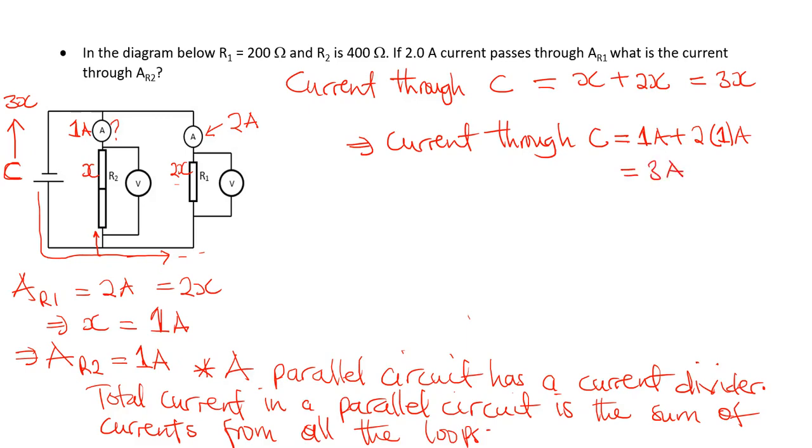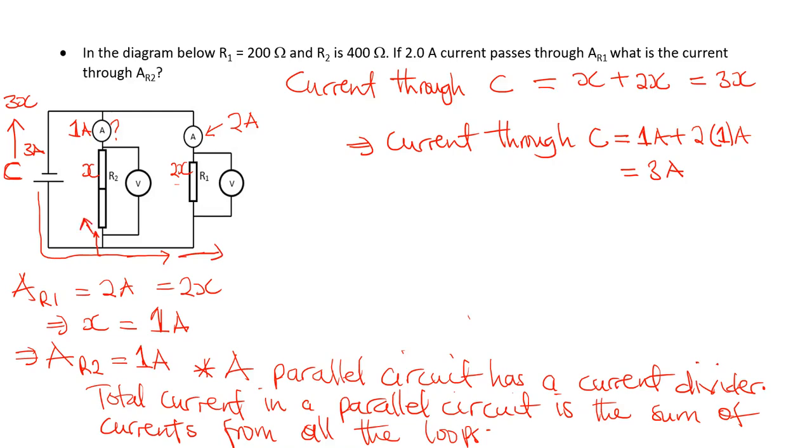So we are saying this loop here has 3 amp of current. So we start with 3 amp of current, and the current will divide here. 1 amp goes this way, and 2 amps go this way. That's what happens.